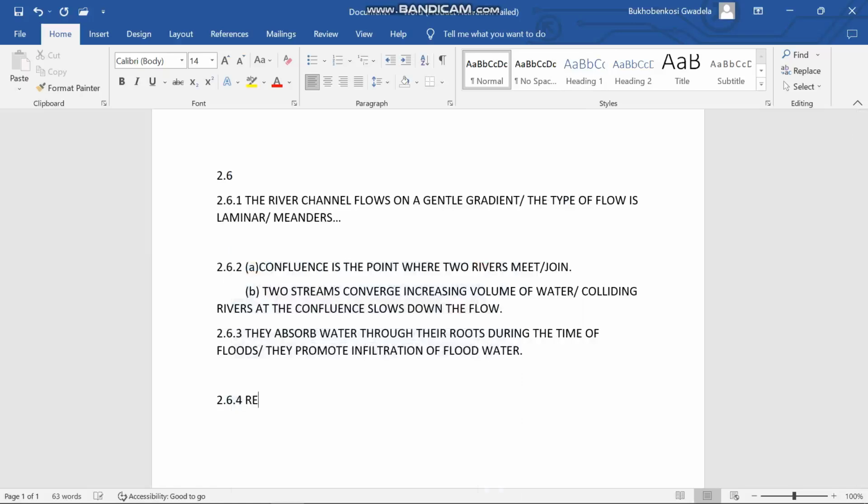Let's say regular flooding deposits fertile soil to the floodplain.